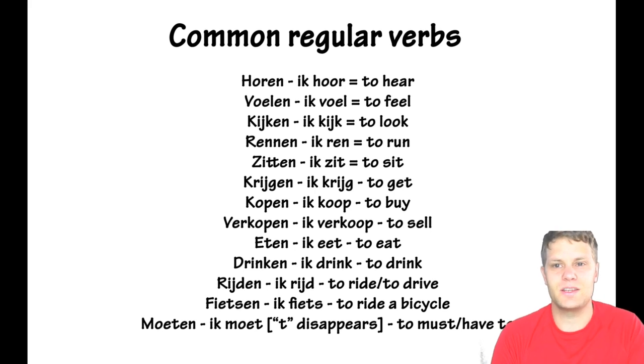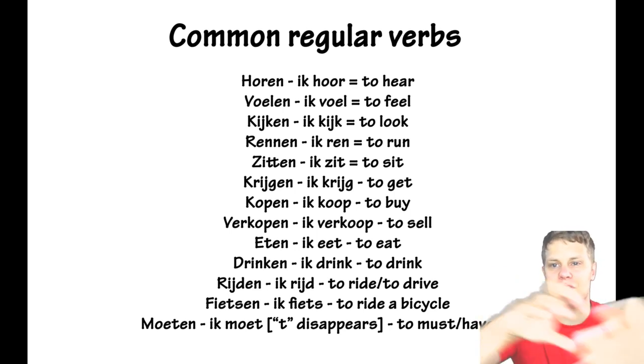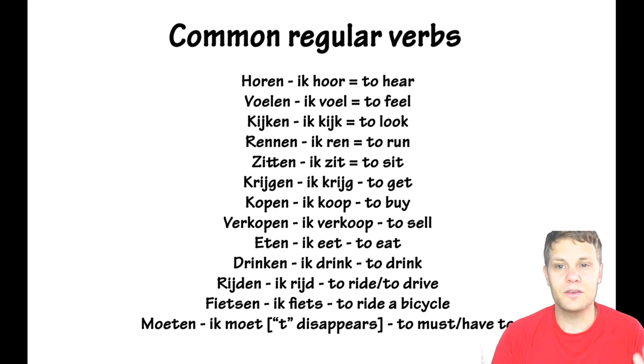And a fiets is a bicycle. So I am on the bicycle. Ik ben op de fiets. Ik zit op de fiets. I'm sitting on the bicycle. But if you say ik ben aan het fietsen, it means I am riding the bicycle. So the bicycle is already included in the verb. Isn't that convenient? Because they have so many bicycles over there. If you ever go there, or if you've been there, then you know they have tons of bicycles.